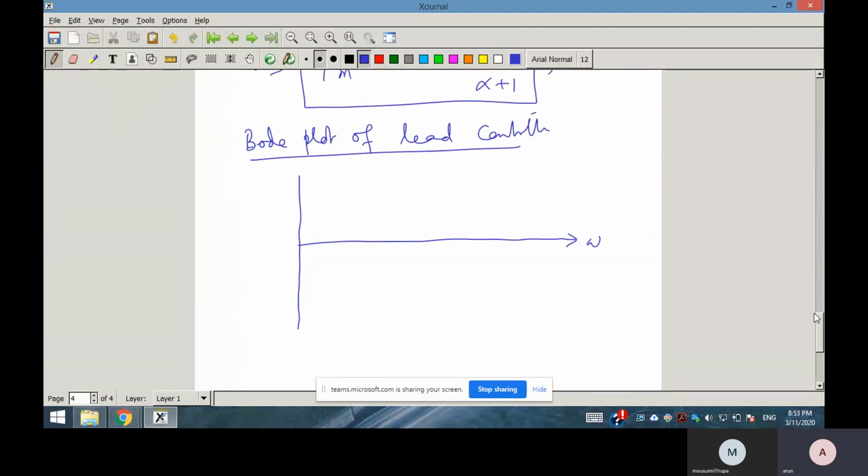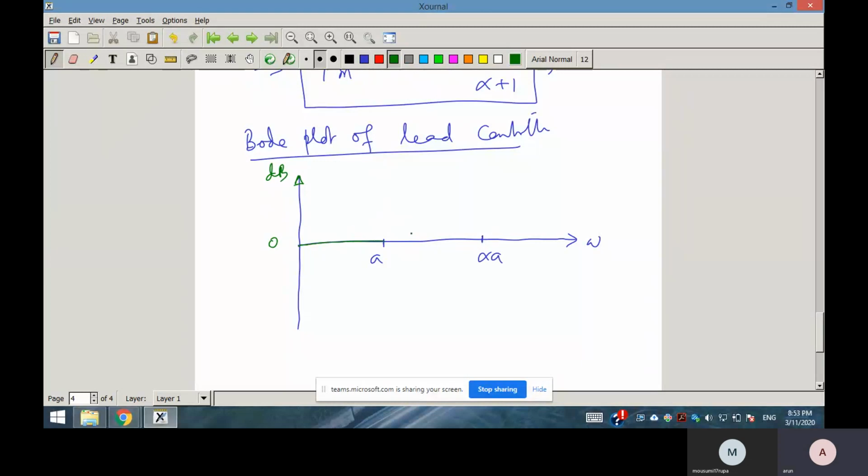So alpha is greater than 1. Suppose this is 0 dB, this is the dB scale, and this is omega equal to A and alpha A. So how will the plot look?